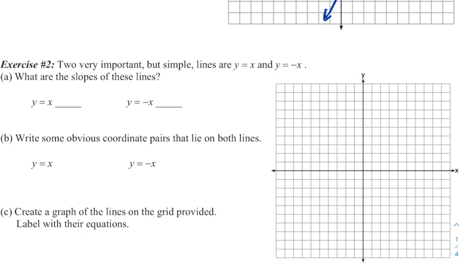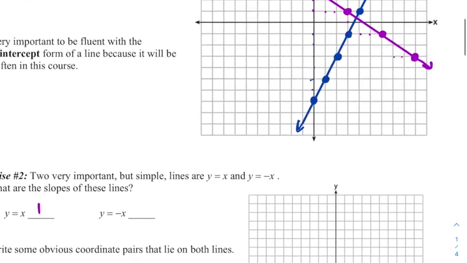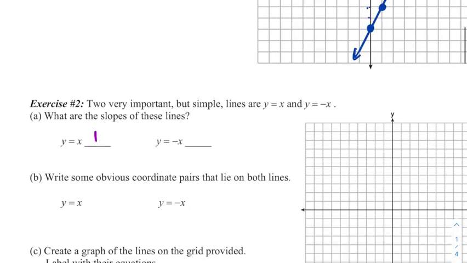The slope of y equals x is 1, and the slope of y equals negative x is negative 1. And the y-intercept for both of these would be 0. It's kind of like y equals 1x plus 0. This is y equals negative 1x plus 0. So in this case, both intercepts are 0.